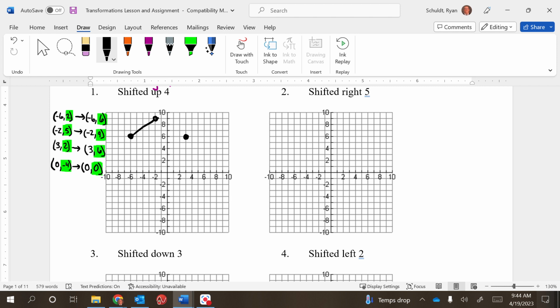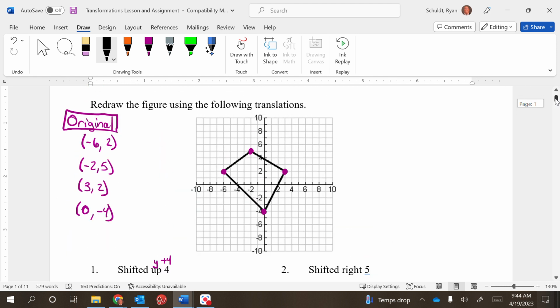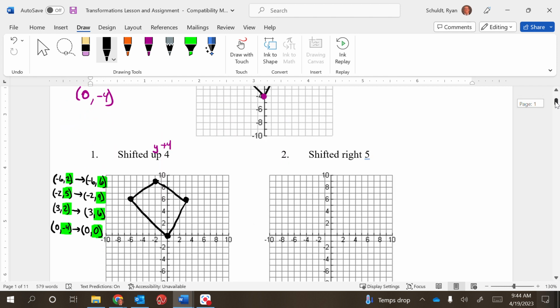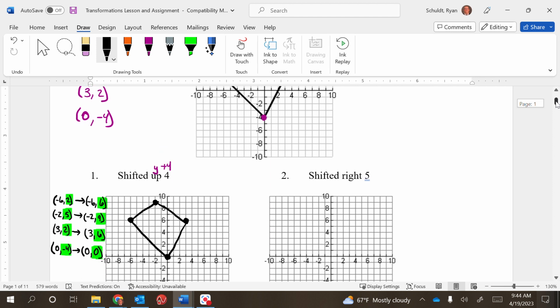There we go. And then 0, 0. Perfect, there's our new shape. So we took what we had and just moved it up 4.